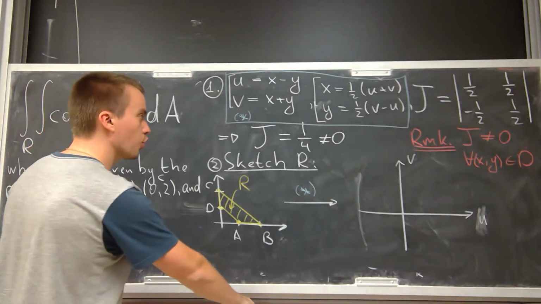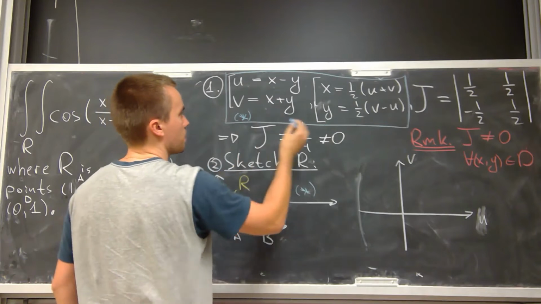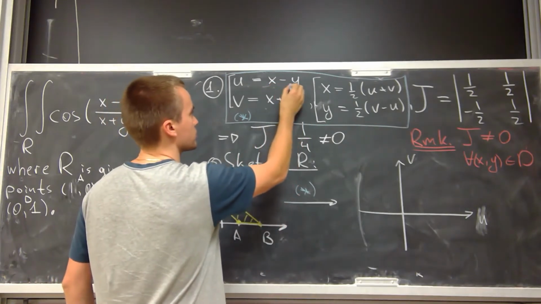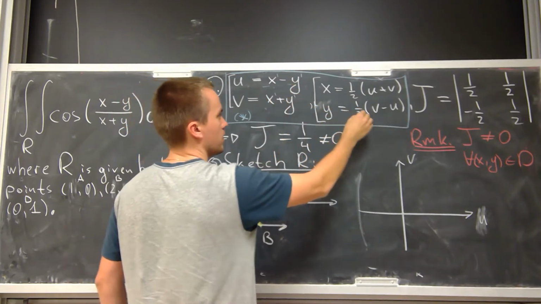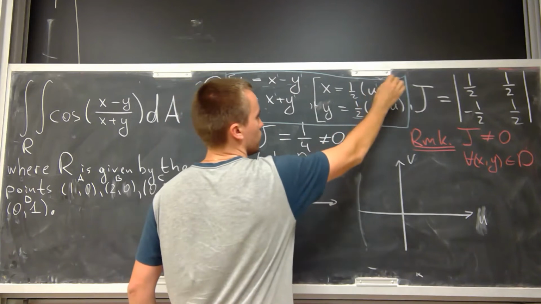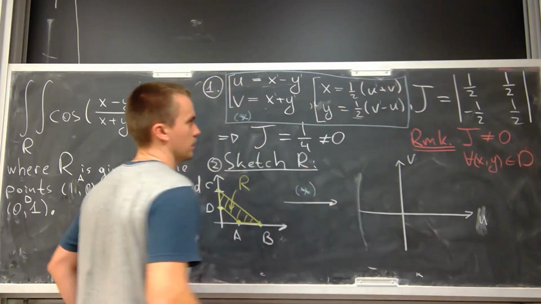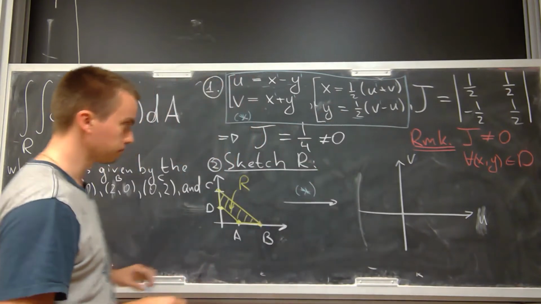But here we can see that my change of variables are given as linear functions. So my x and y are written as a linear function in terms of u and v.